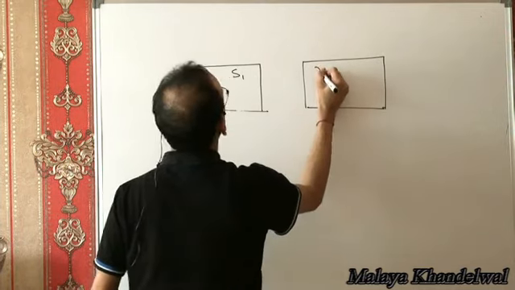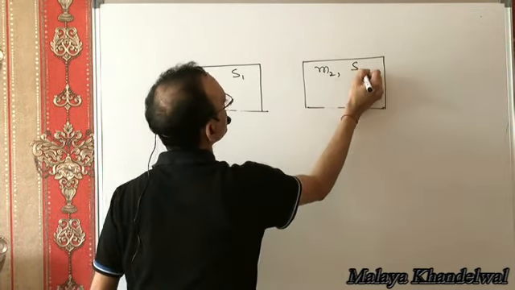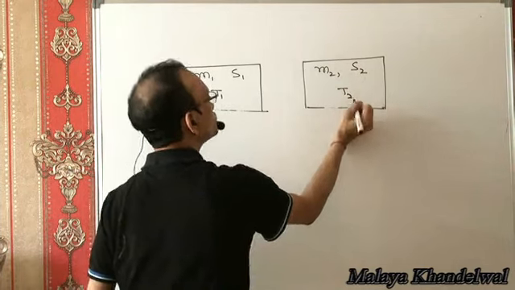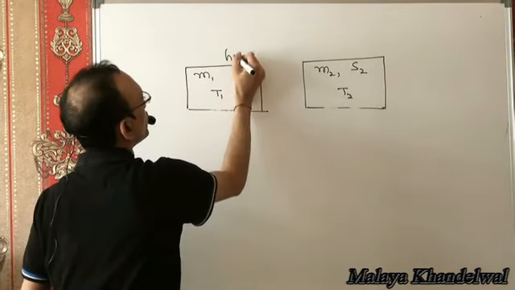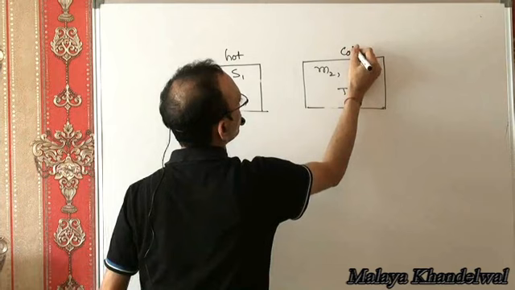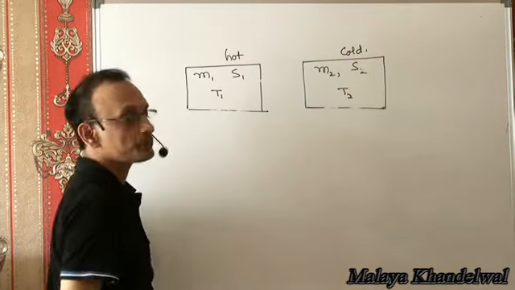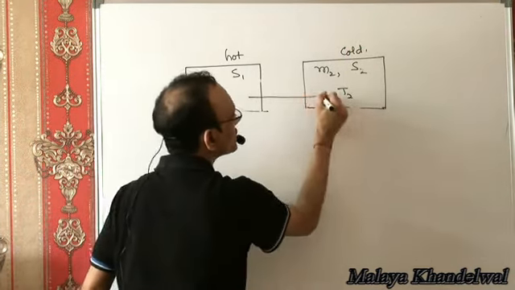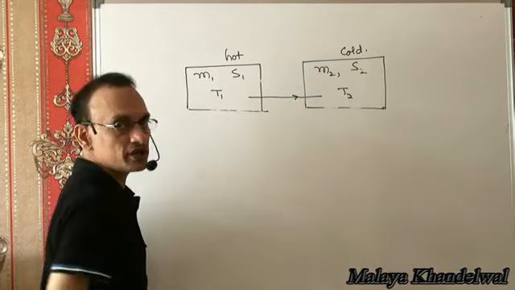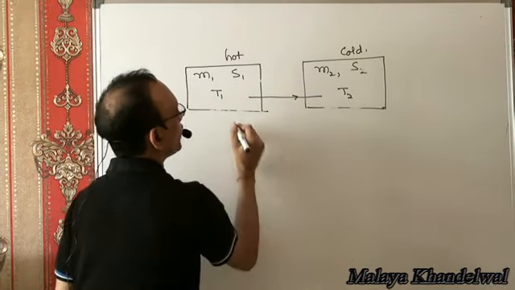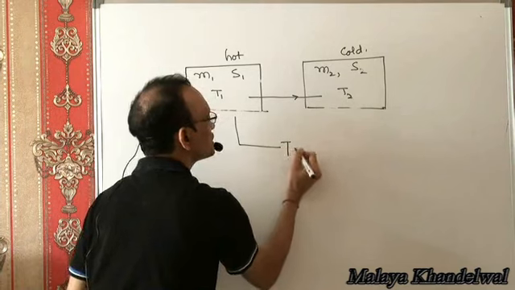This is mass m2, specific heat s2 and temperature T2. Let's say this is hot and this is cold. There would be heat exchange from the body at higher temperature to the body at lower temperature, and they acquire a common final temperature T.